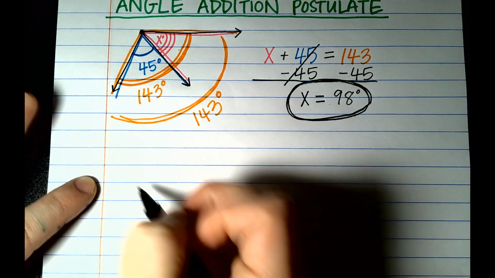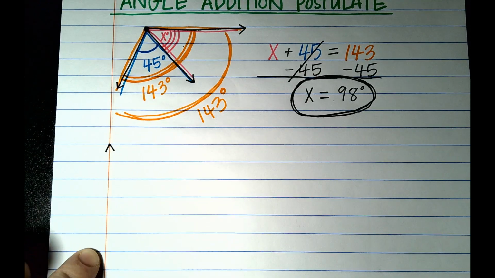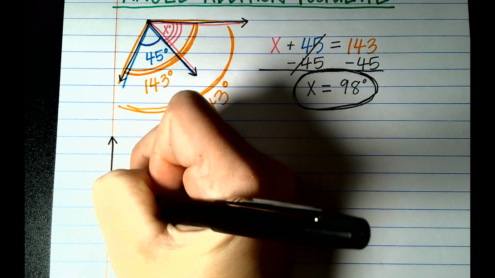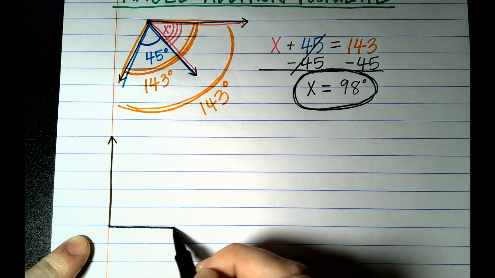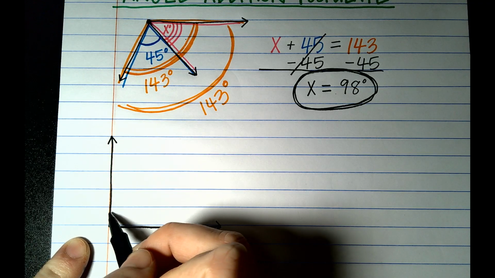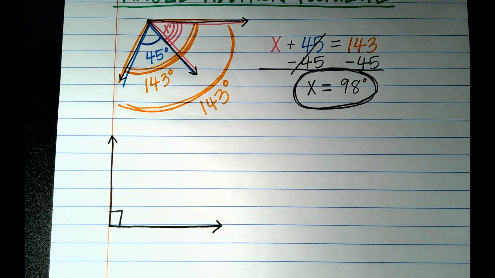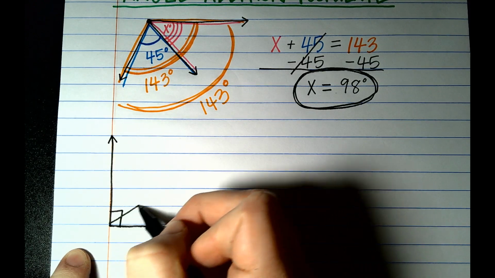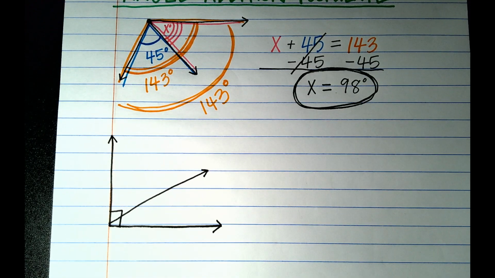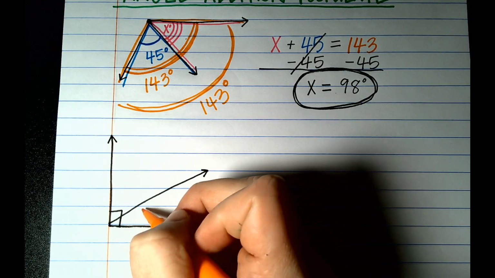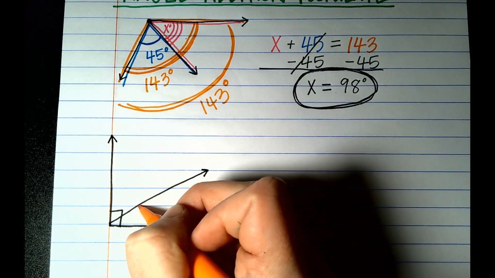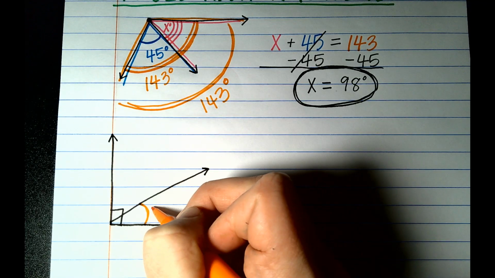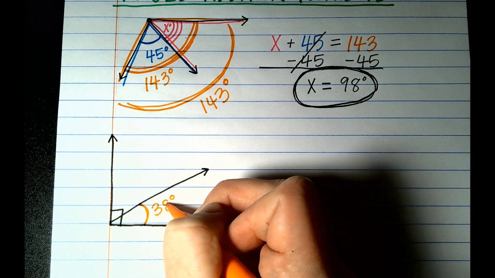This time, I'm going to use the edge here, this red line on my paper, and we're going to start with a big 90-degree angle. Perfect corner here. So here's my 90-degree angle. And I am just going to draw a ray coming out here. I'm going to say that this smaller-ish angle is 38 degrees.